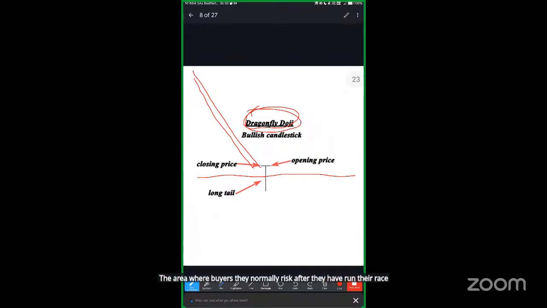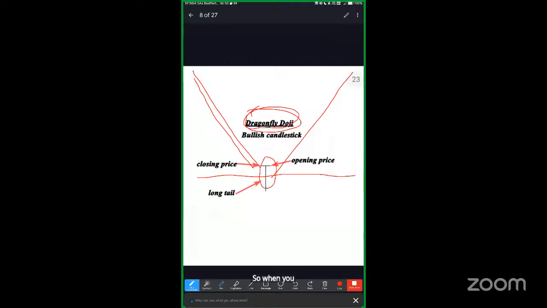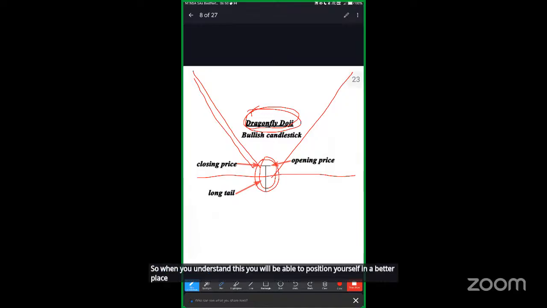So you are going to see these types of dojis, which call themselves dragonfly dojis. Their duty is to make sure that they push the price to the upper side. So when you understand this, you'll be able to position yourself in a better place when it comes to trading.